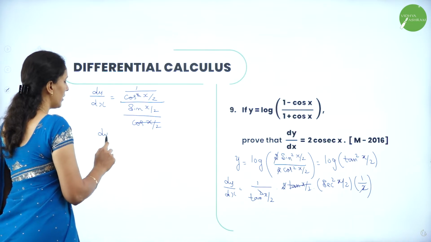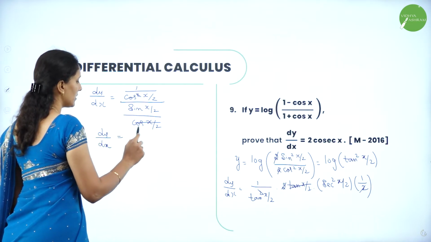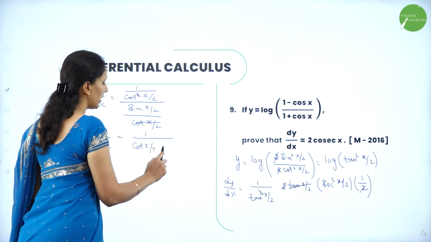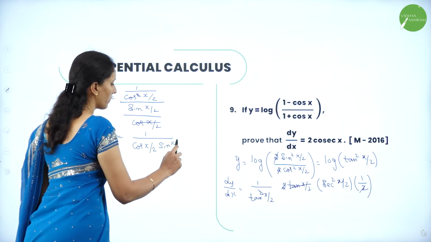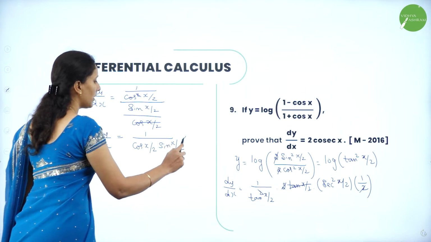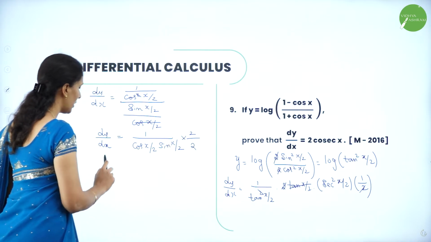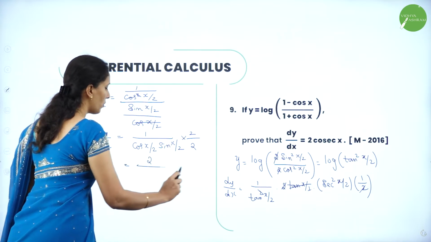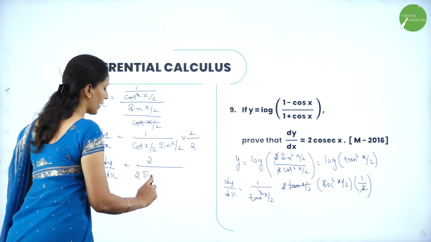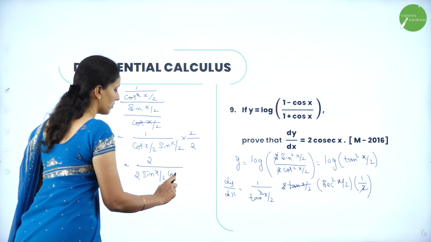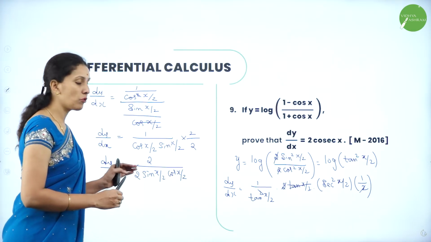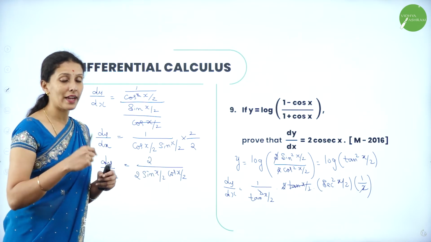I can write dy by dx is equal to 1 divided by cos x by 2 divided by sin x by 2. So I will multiply 2 and divide by 2 here. Then it becomes dy by dx is equal to 2 divided by 2 sin x by 2 cos x by 2. Again, this is a half angle formula. It is in the form of 2 sin x cos x, which is nothing but sin 2x.